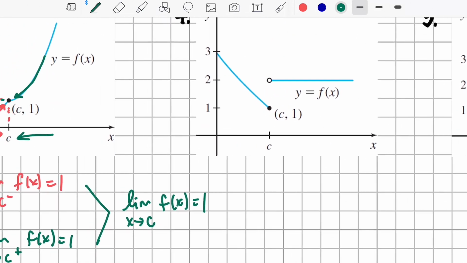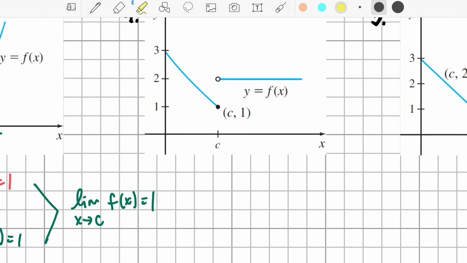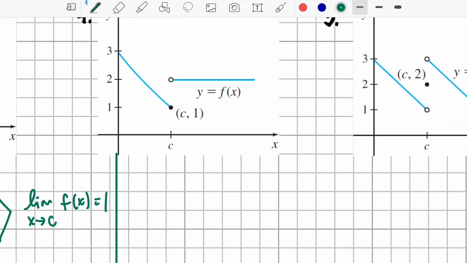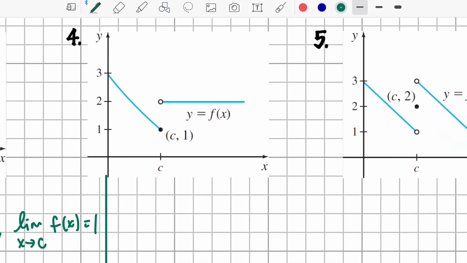Let's look at the next one. Okay, let's approach c from the left. Notice we follow our graph, and it looks like it's approaching 1.